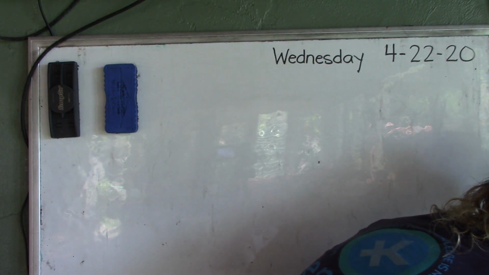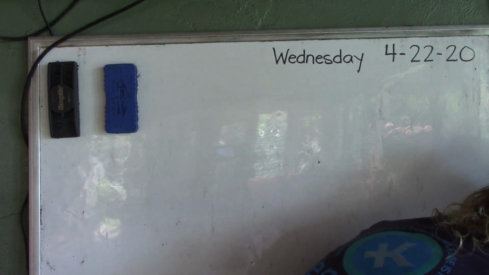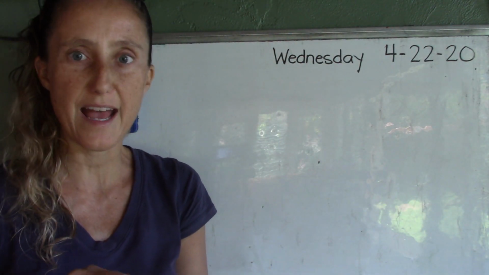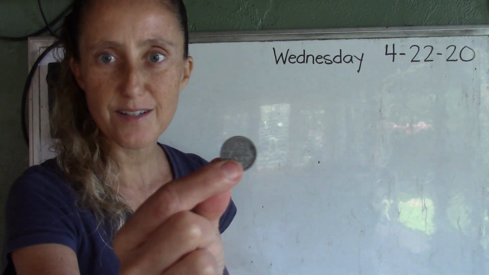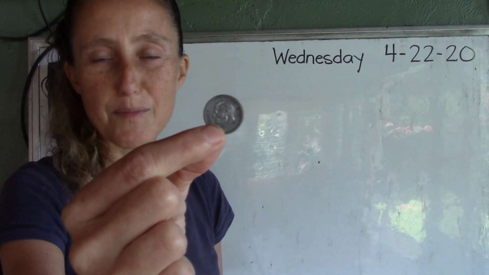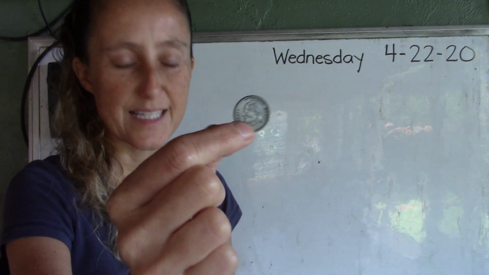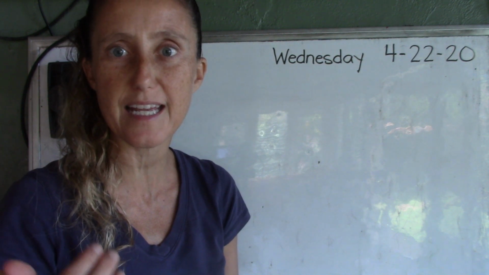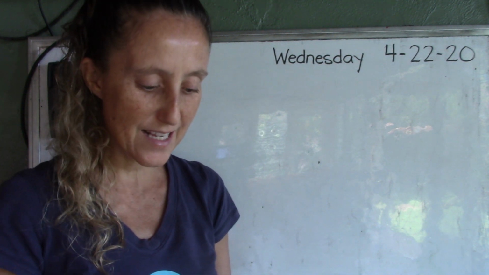All right, I am picking out of my coin cup, and today I have no quarters, but I have 2 of these guys. What is this one? A dime. How much is a dime worth? 10. And if I have 2 10s, that's 10 plus 10, and 10 plus 10 is 20. Very good.